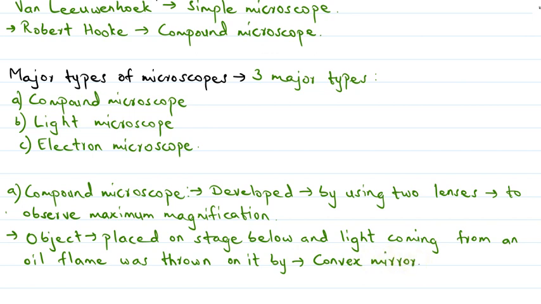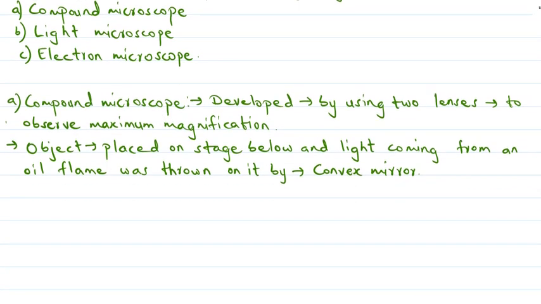So Robert Hooke developed the compound microscope by using two lenses so that he could observe maximum magnification, and in this microscope the object is placed on the stage that is present below, and light coming from the oil flame was thrown on it by a convex mirror. Okay, so this is a compound microscope.